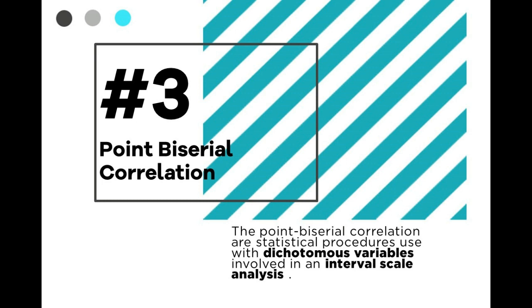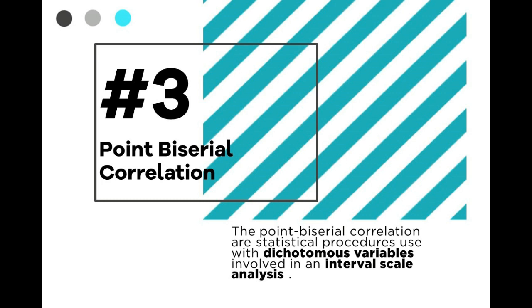Okay, so that's the use of point-biserial correlation. So unlike sa Pearson's R na gumagamit ng interval, ang Spearman's na gumagamit ng ranking or ordinal, and then we have point-biserial, which ito naman gumagamit siya ng dichotomous variables which involve interval scale.